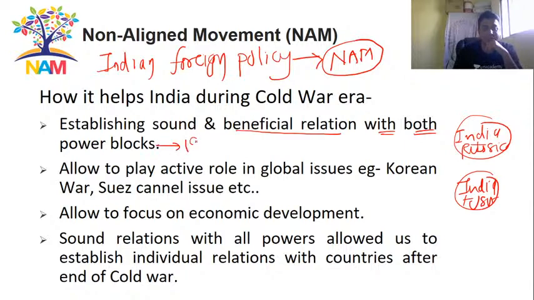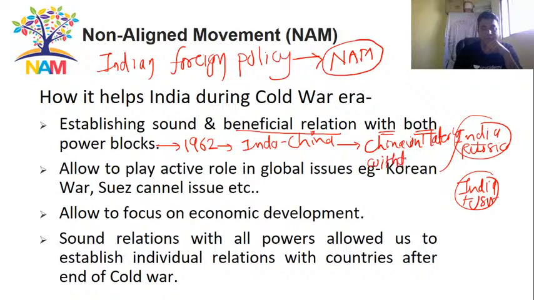So in 1962, as some of you are quite aware of this, the Indo-China war, you know that China invaded India, China dominated that war. Yes, you all know this thing, but you also know that China unilaterally withdrew from the war.